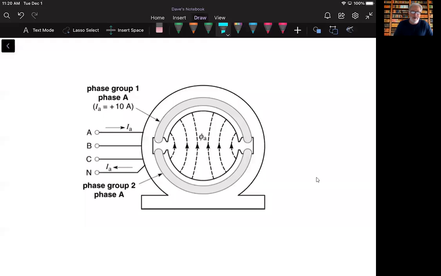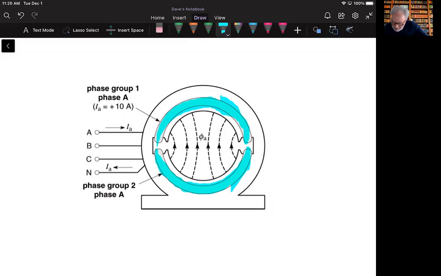Modern machines don't have the salient poles. They're replaced by this smooth stator. Looking at the representation of that, I'm thinking about it in terms of phase one through there.